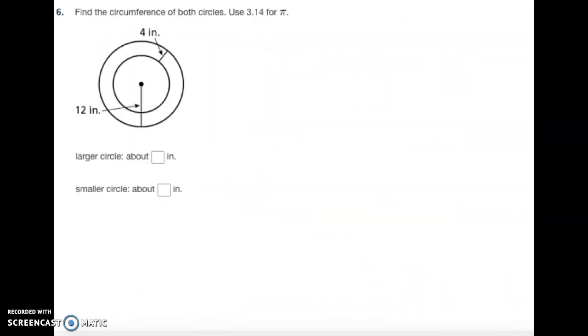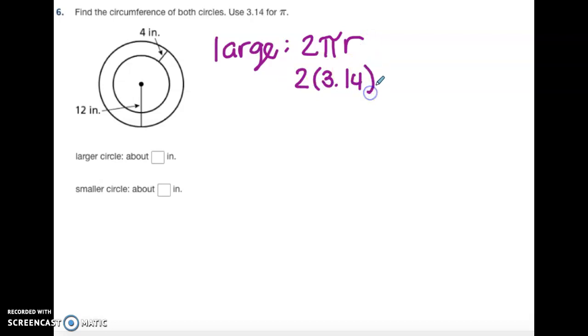All right, we want to find the circumference of both circles. So let's start with the larger circle. Okay, for circumference, we're going to use 2 times pi times the radius. So 2 times 3.14 times the radius of the larger circle here. So it goes all the way out. The radius is 12. So the larger circle is 75.36 inches.